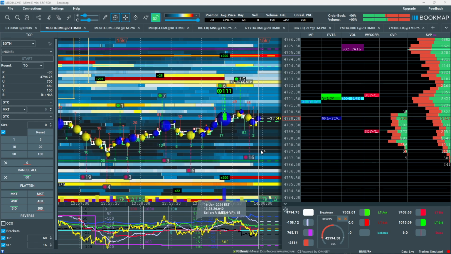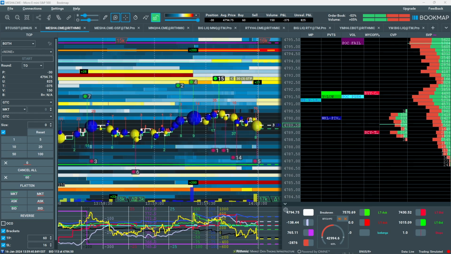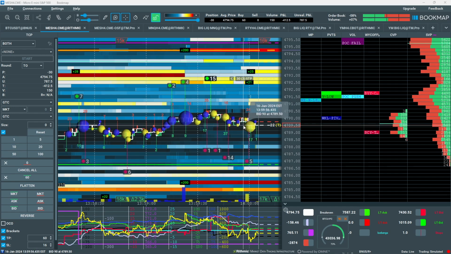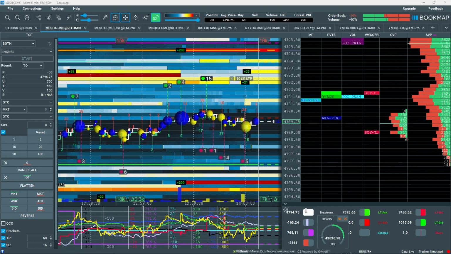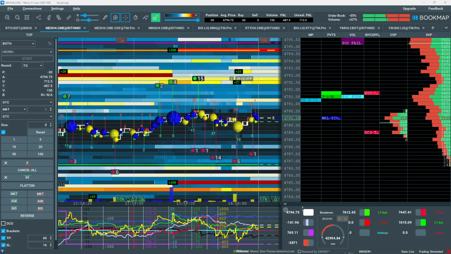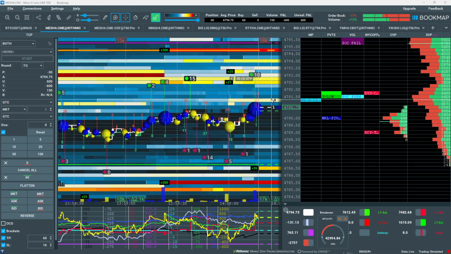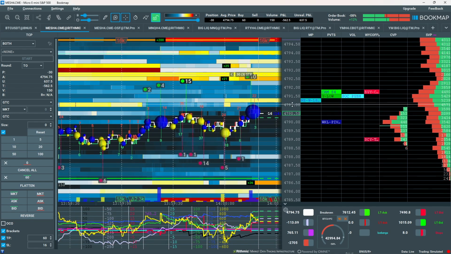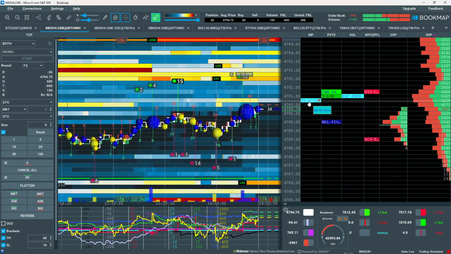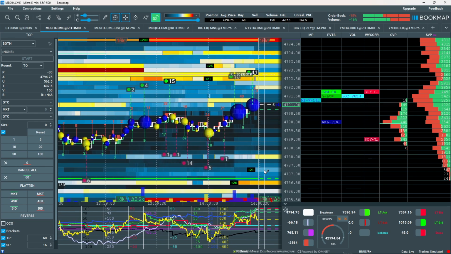Sellers are coming back in a little bit. Let's see if they can take back control. It looks like they can't. We're coming back up to test Camarilla S4, yesterday's low, the weekly lower pivot. Let's see if I get stopped out here.